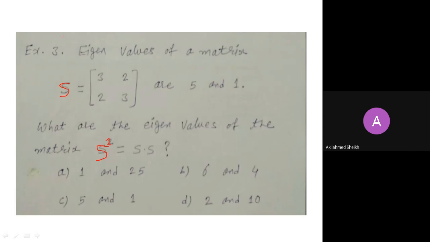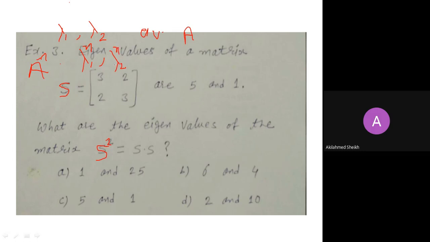Now we know that if the given matrix is 2 by 2, I just take lambda 1 and lambda 2 as the eigenvalues of capital A, then the eigenvalues of the matrix A raised to power n will be lambda 1 raised to the power n, lambda 2 raised to the power n.